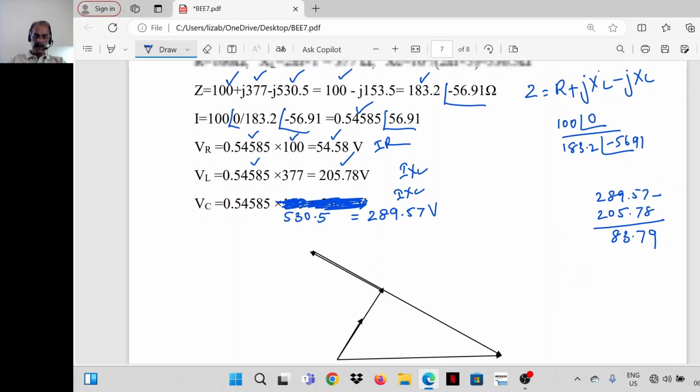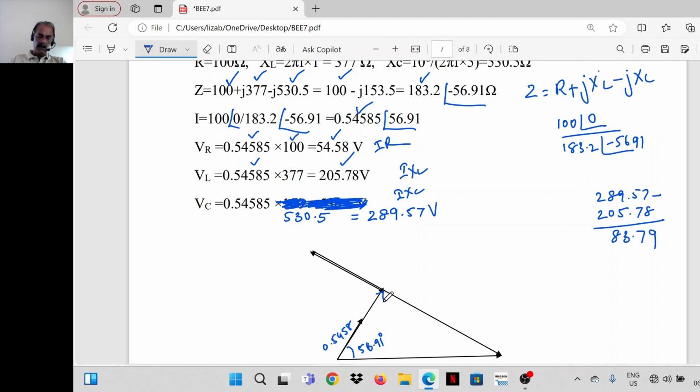So this is the phasor diagram. I is 0.5458 at an angle of leading, that is 56.91 degrees.